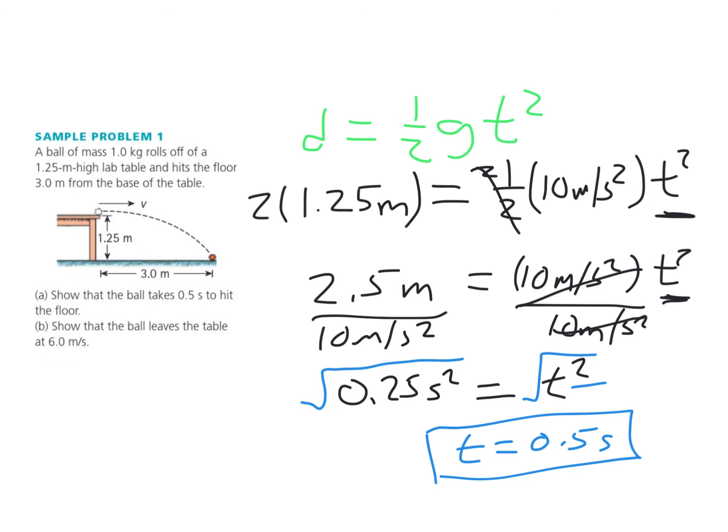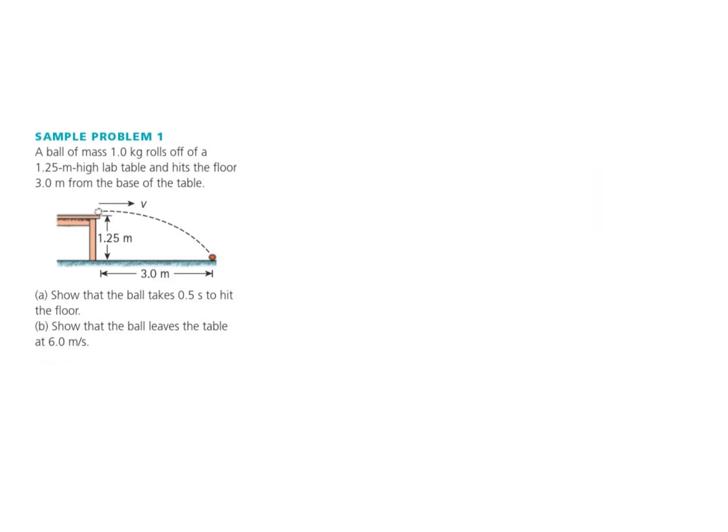Now we can look at part B. Part B says, show that the ball leaves the table at 6 meters per second. We know that the formula for speed is distance over time, and the horizontal distance is what we're talking about because we're talking about the horizontal velocity that the ball is launched with.